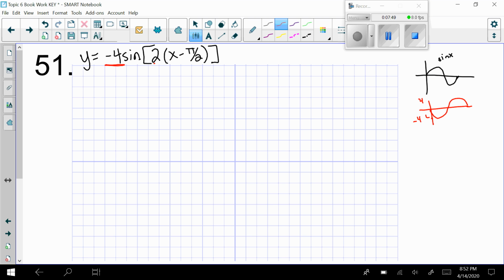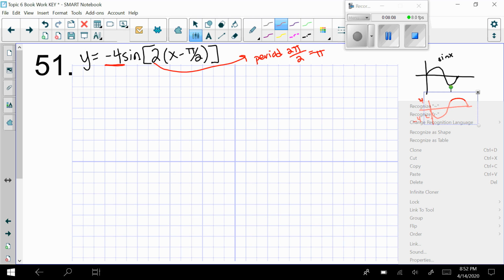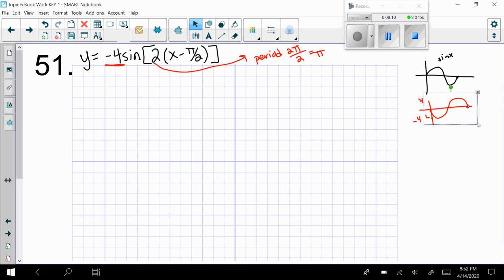So now we have to worry about the period. The period is 2 pi over that b, which is 2 pi over 2. So in this case, my period is pi. That means it's going to take pi to get all the way through here.